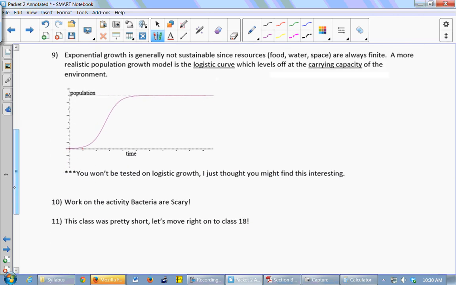Okay, so like Emma mentioned earlier, exponential growth is generally not sustainable because resources like food and water and space are always finite. So population can't just continue to double, right? That's impossible. It could do that for maybe a long period of time, but eventually it will level off. The population growth will slow and level off at something called the carrying capacity of the environment.